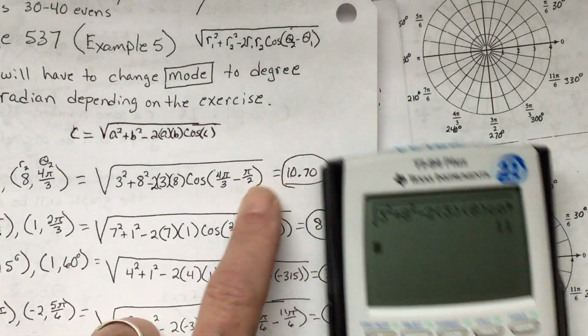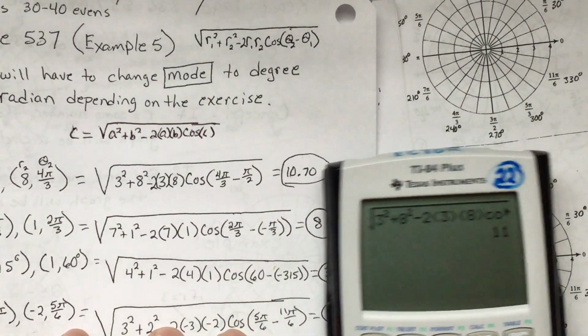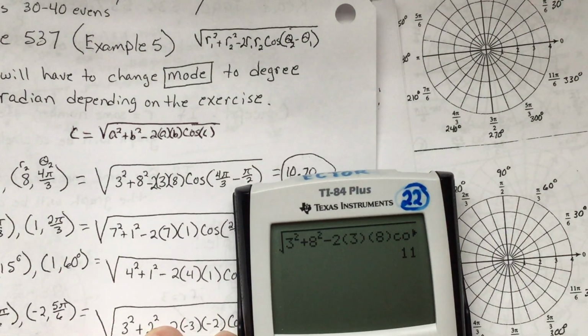I got 10.7 when I did it the other way. That's okay. 10.7 or 11.